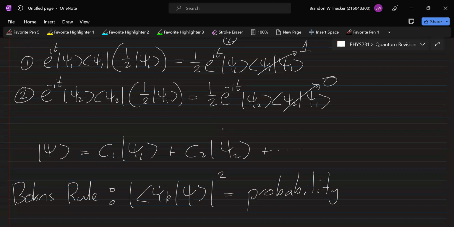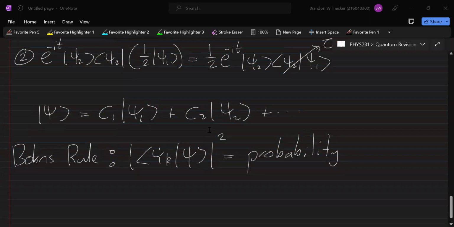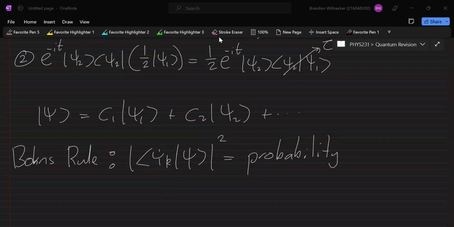Okay, so we also went through this in one of the lectures. So if you want to know the probability of being in a certain state, you have the inner product of the state that you're in with the state that you're checking. You find that complex number, you take the magnitude squared, and that gives you the probability of being in that state. And of course, this is the same as measuring the eigenvalue associated with psi k.